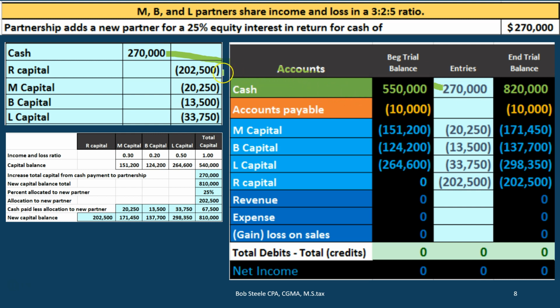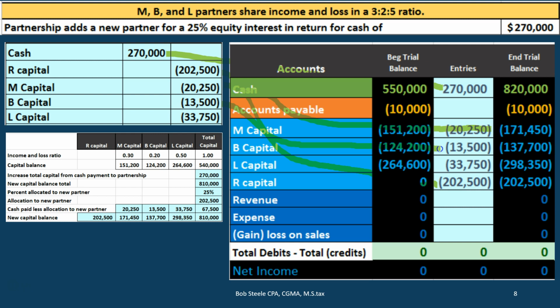Then we post R's capital account. So here's the new partner going from 0, of course, up in the credit direction by 202,500. The company now, in essence, kind of owes R the 202,500. And then M's capital account is going to go up in the credit direction. So it's a credit. We're doing the same thing to it, increasing the capital account from 151,200 up by 20,250 to 171,450. Then we've got B's capital account here. So B has a credit balance of 124,200.